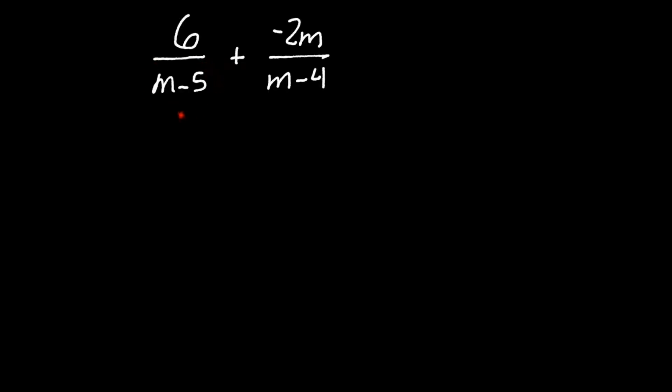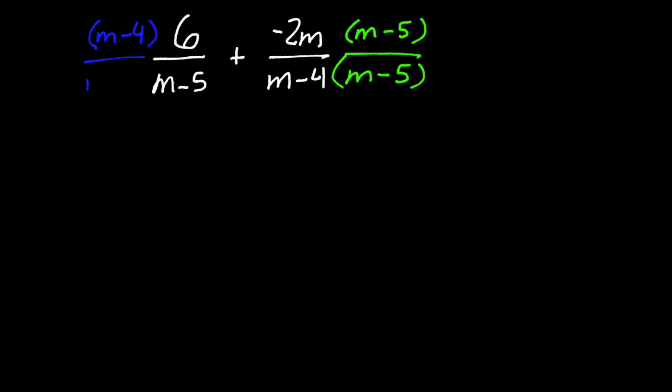What we are going to do is take the m minus 5 and multiply top and bottom on the right side by m minus 5. Then I'm going to take the m minus 4 on the bottom and multiply top and bottom on the left by m minus 4.